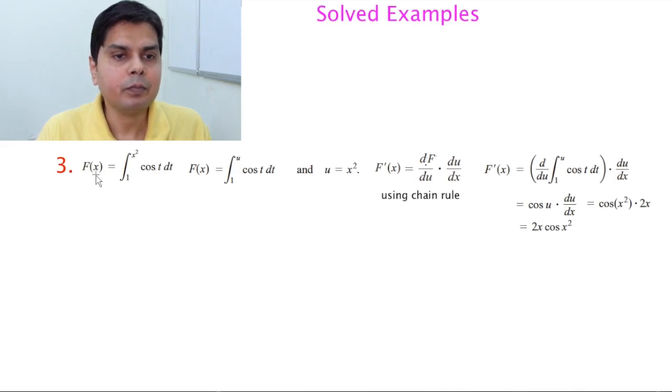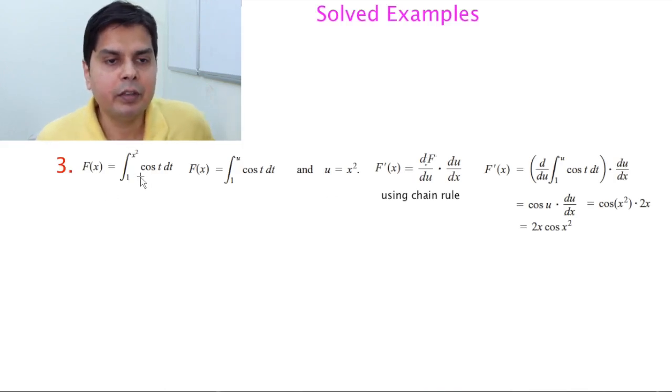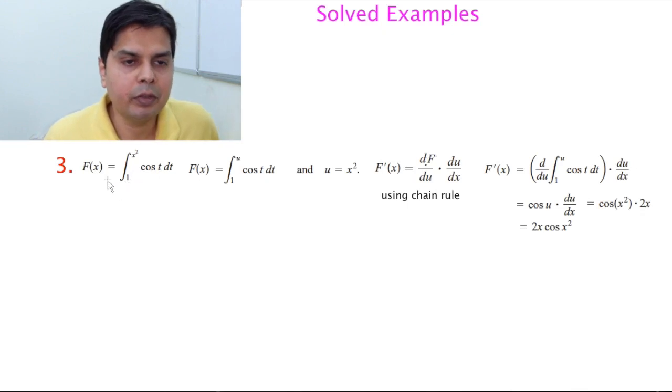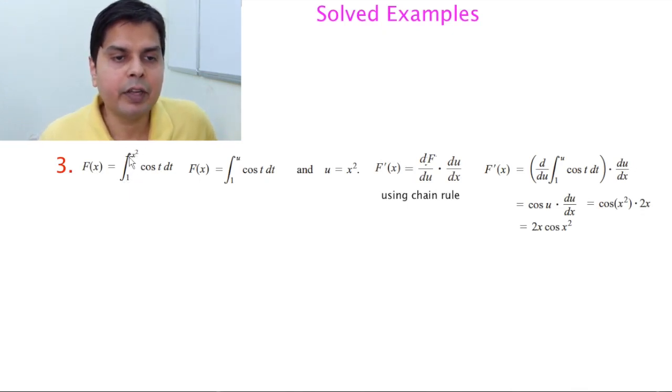Let me show you some more examples. In this one I have made one more modification. Instead of x, we have the upper limit as x square. So it is f(x) equal to the integral from 1 to x square of cos t dt. I can use my chain rule, with the substitution u equal to x square. So this becomes the integral from 1 to u of cos t dt. Now I have to find f prime of x. Using the chain rule, this will be df by du into du by dx.